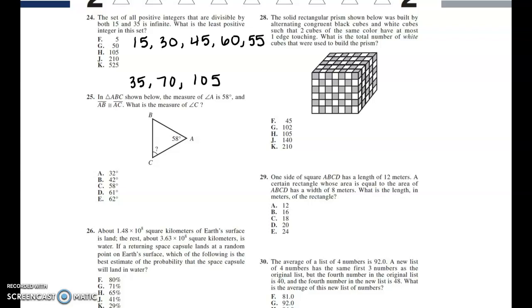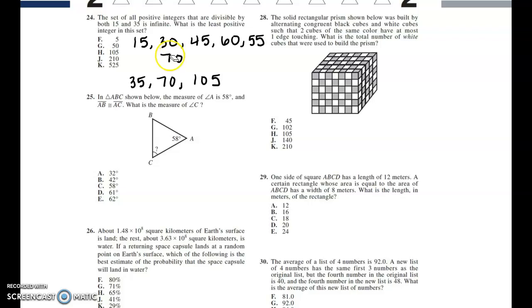Okay, and let's look. Do I have 35 up here? No. Do I have 70 up here? Well, it could be a possibility, but we're not there yet. And then I haven't written down 105. So we need to keep going with our 15s, right? So after 5 times 15, what is 6 times 15?